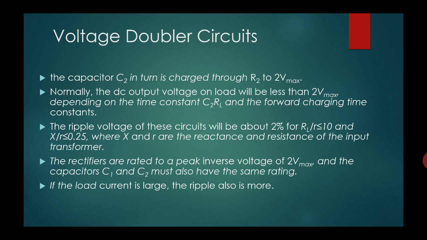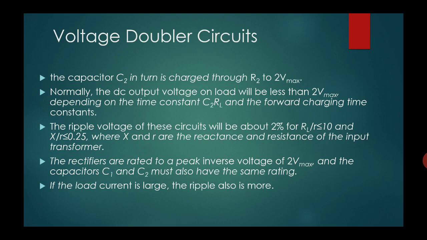If the load current is large, the ripple is also more. So you can see that the DC output voltage on the load will not be equal to 2 Vmax, although it's called a voltage doubler circuit. The 2 Vmax is only obtained when this doubler circuit is on no load.